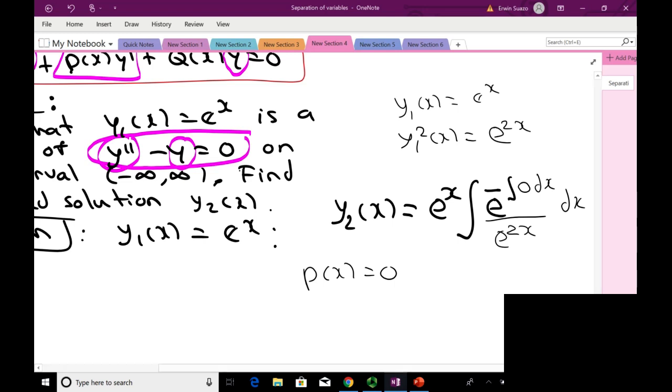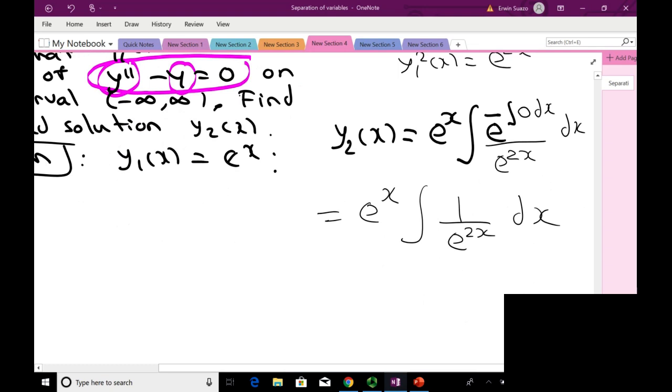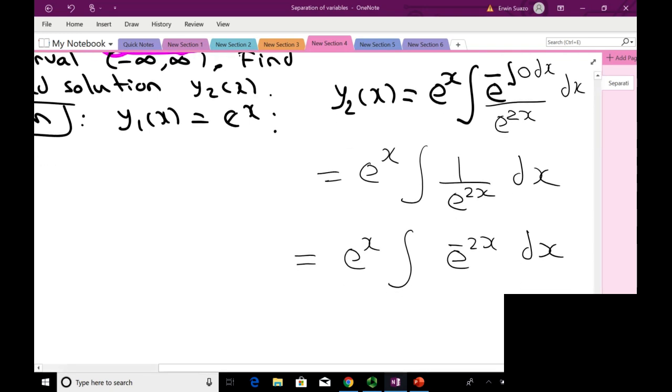So I get e to the x times the integral of 1 over e to the 2x dx. I put this on the top to get e to the x integral of e to the minus 2x dx. So what is the antiderivative of e to the minus 2x?